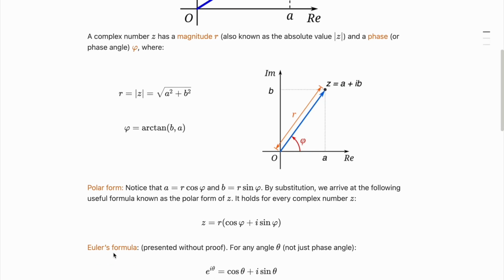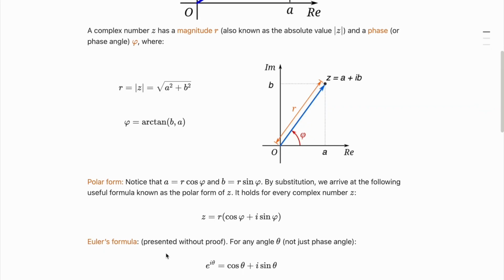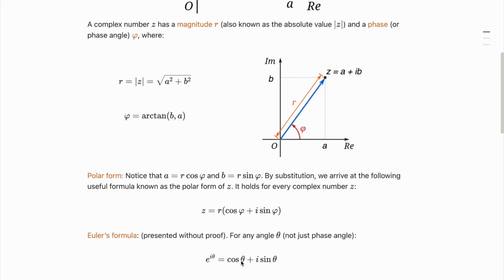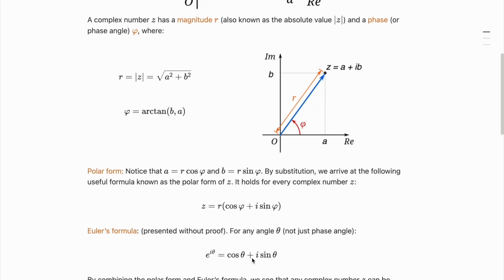Now we get to the all-important Euler's formula, and without proof, we'll present this for every angle theta, not just the phase angle phi, but any angle. If you take the cosine of that angle and the sine of that angle, and you multiply the sine by the complex coefficient i and sum them, that equation is equal to e exponentiated to i times theta.